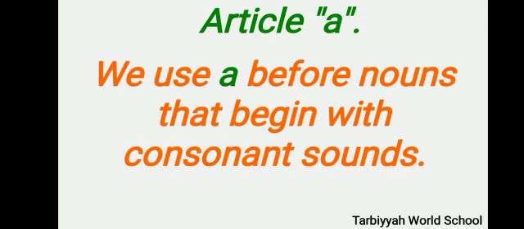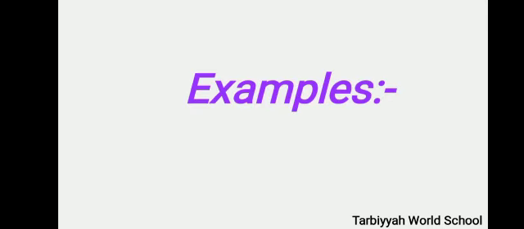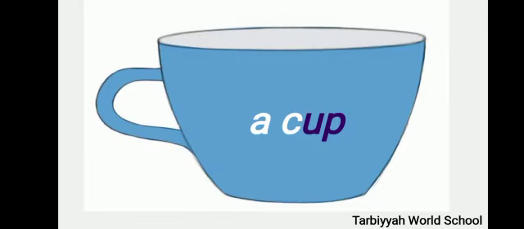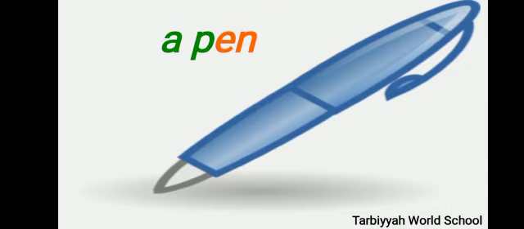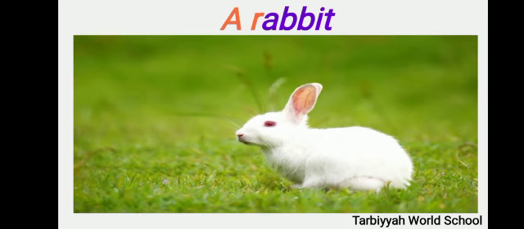For example, a cup, a pen. Why do we put a before pen? Because P is a consonant. So we have to put a before a consonant. A rabbit.